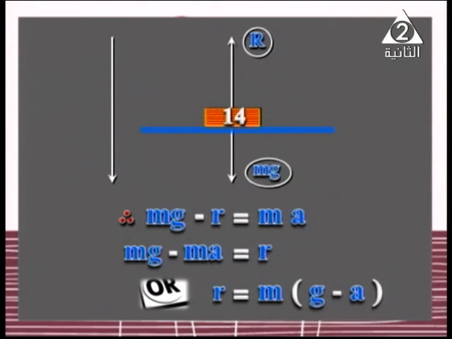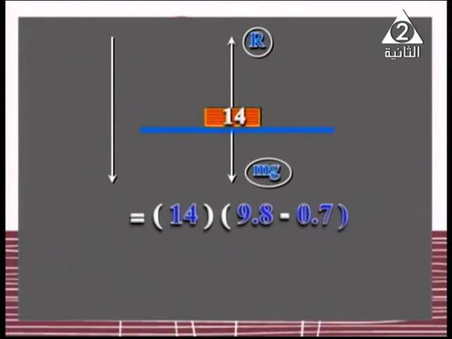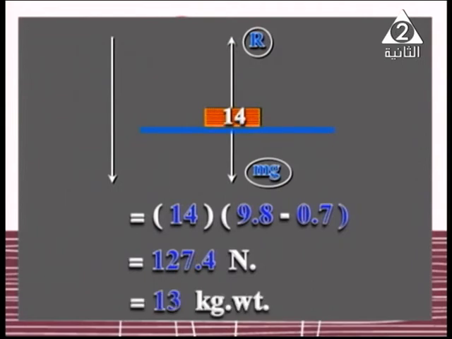By substitution of m, g, a, we find r is 127.4 Newton, which equals 13 kilogram weight when divided by 9.8 to convert Newton to kilogram weight.